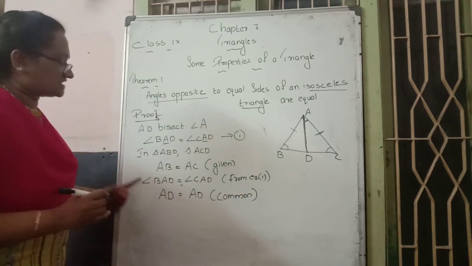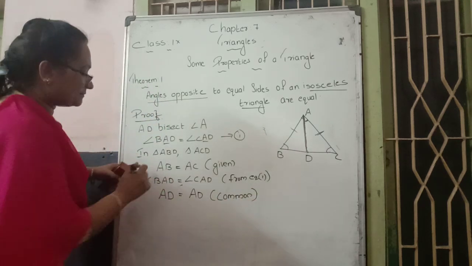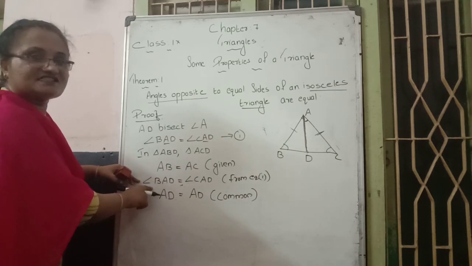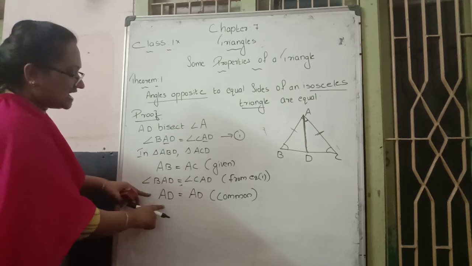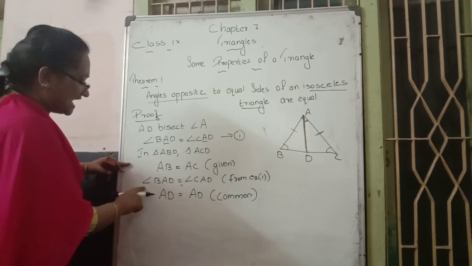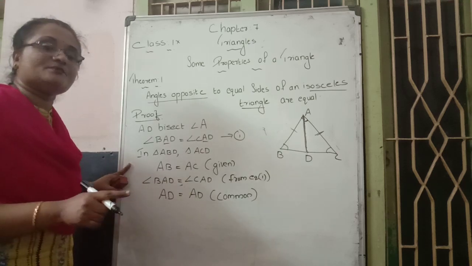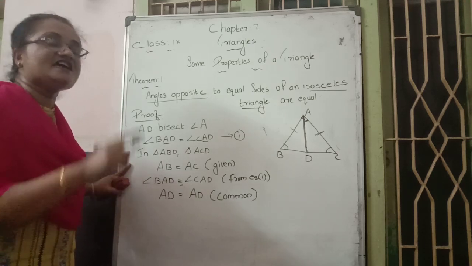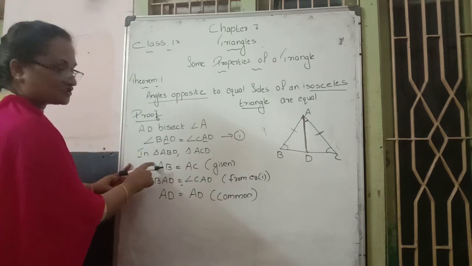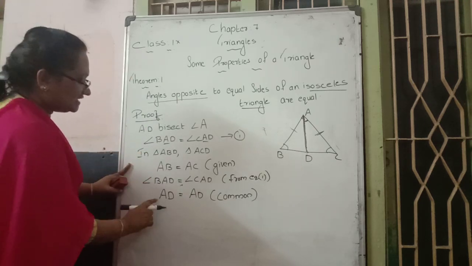So three conditions are satisfied. AB and AC represent what? Sides. Angle BAD and angle CAD represent what? Angles. And AD represents a side. So side, angle, side. Which property is satisfied? Yes, SAS property. S means side, A means angle, and here also side.